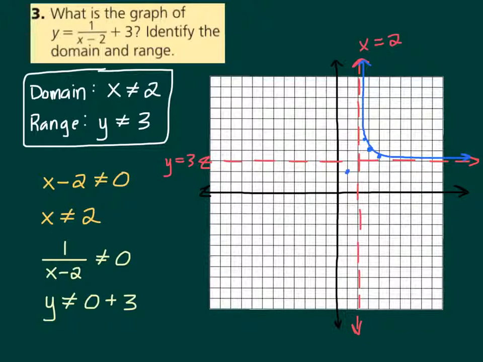Right there. If I plug in 1.5, what do I get? 1. What if I plug in 1/2? 5. Right there. So then again, our knowledge of the basic way these graphs look allows us to finish the graph off like that.